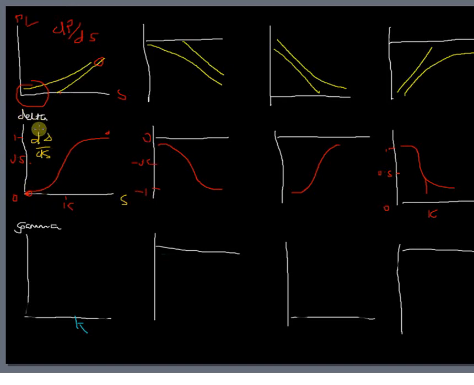Clearly, change in delta over change in spot is simply the gradient of the delta curve. We can see that at these two points it is flattish, so the gradient should be close to 0. And the gradient at this point is the steepest, so it should be somewhere here. So the gamma curve will look something like that.